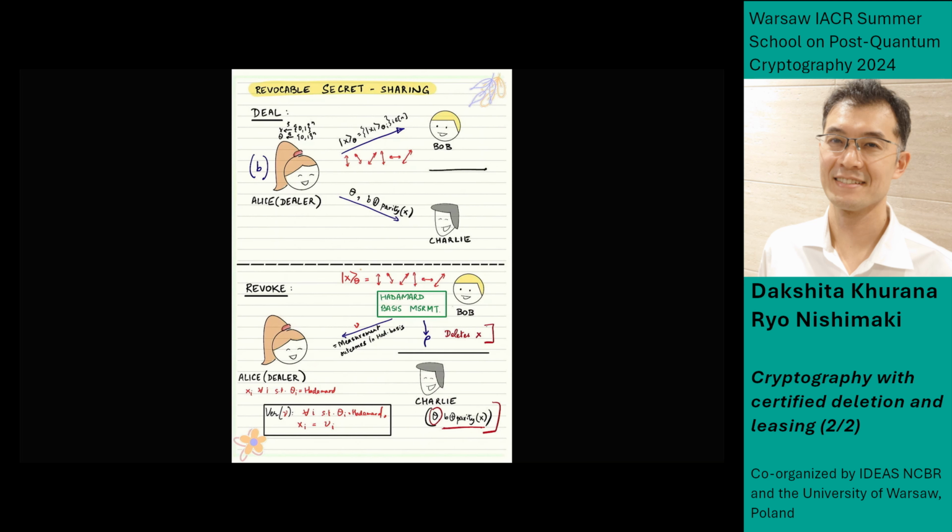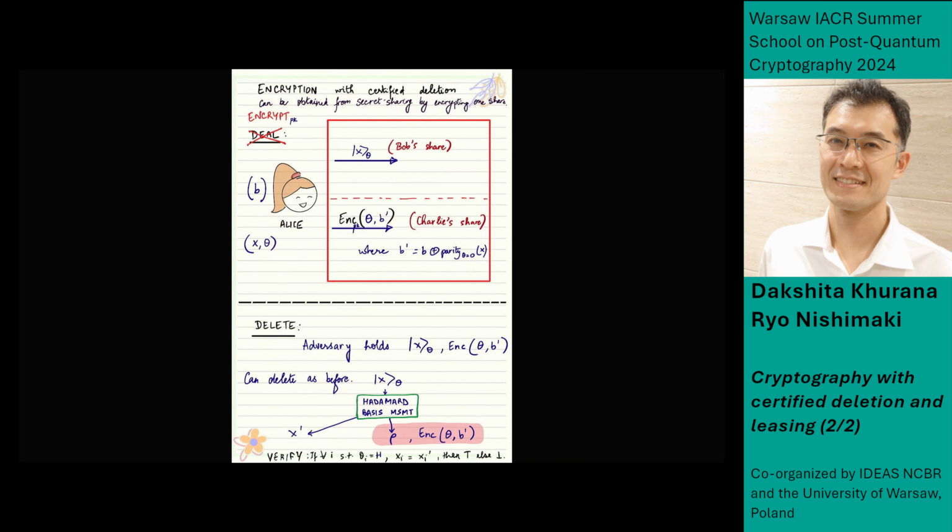So this is a construction of secret sharing with certified deletion, and we can use this idea for encryption with certified deletion. Now Alice is not the dealer. Alice is the sender of encryption.